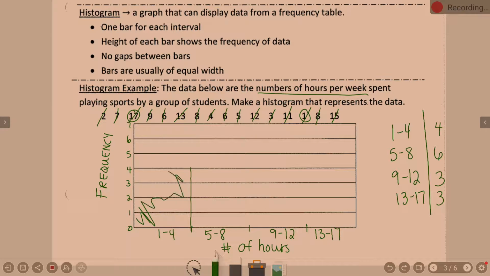This is not a good day to try and do this because my VinQ is lagging. I need to restart it after school, but who knows? Maybe because I left it so long? I don't know. Okay, so 1 through 4. 5 through 8, I'm making my bar 6 high.